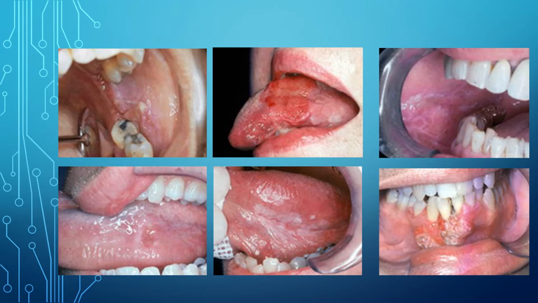Maybe we have lichen planus, the white patches on the buccal mucosa, and white patches on the lateral aspect of the tongue, and white patches also on the ventral aspect of the tongue. And the last picture is what we consider as squamous cell carcinoma of the labial part of the alveolus.